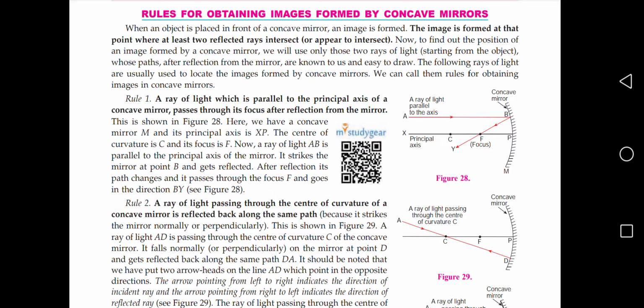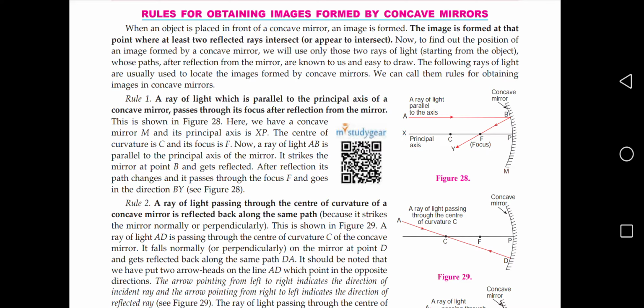In order to find the position of the image formed by the concave mirror, we are going to use only two rays of light. The essence is to understand when a ray of light is incident on a concave mirror, how it reflects. Okay, so let us start the rules.